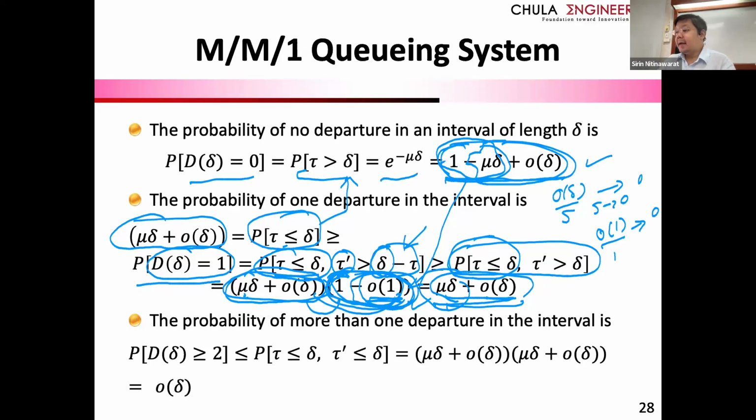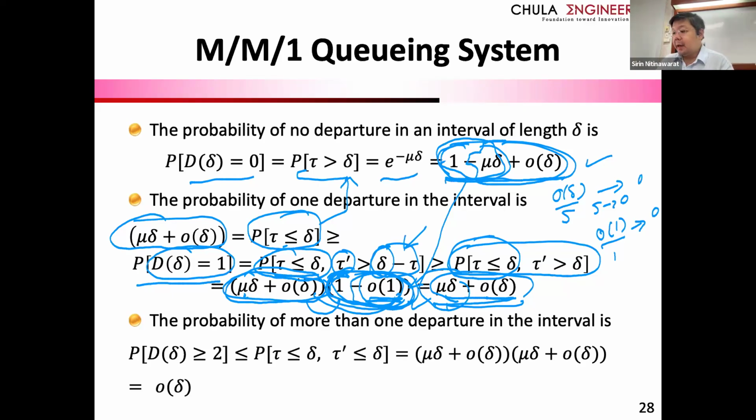And the probability that there's one action is linear in delta, but now with parameter mu, because now we're talking about the departure, the service mechanism, whose parameter is mu instead of lambda.